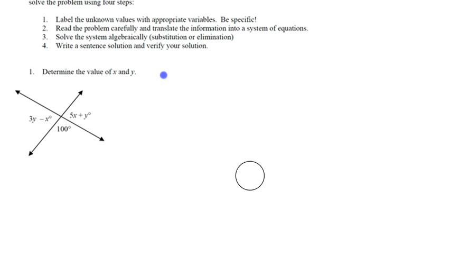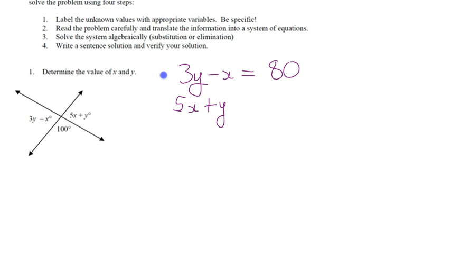What's 3y minus x equal to? 80. What's 5x plus y equal to? Okay. How do we know? Well, we know they're equal to each other, and they make a straight angle with 100 degrees, and a straight angle has a measure of 180, so we know they're both equal to 80.